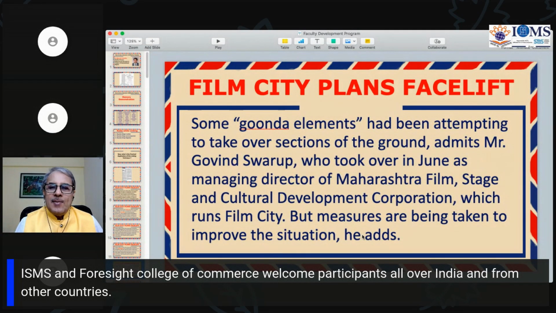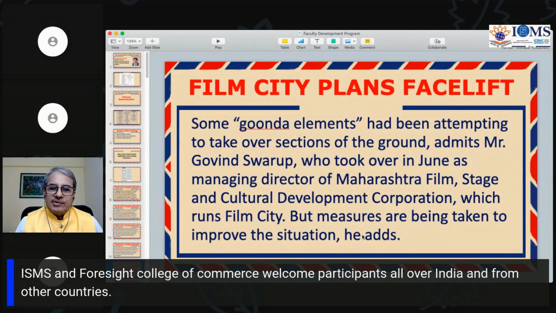Some Gunda elements had been attempting to take over sections of the ground, admits Mr. Govind Swarup, who took over in June as managing director of Maharashtra Film, Stage and Cultural Development Corporation, which runs Film City. But measures are being taken to improve the situation, he adds.